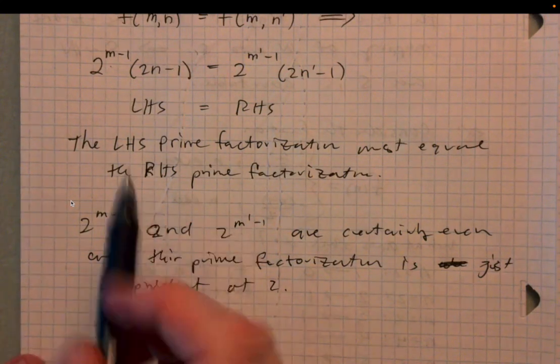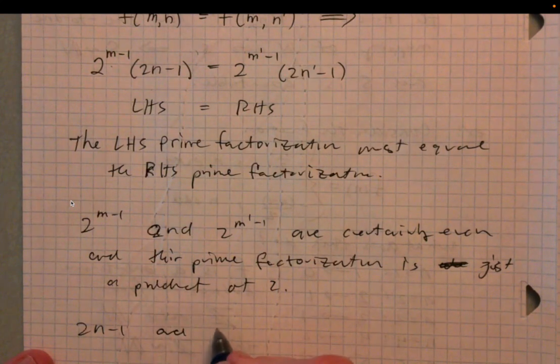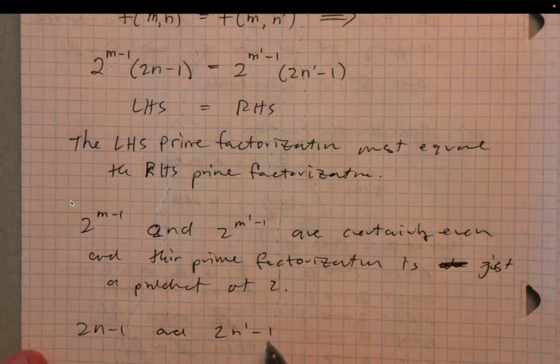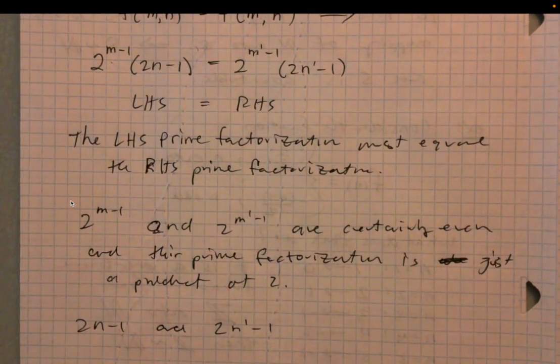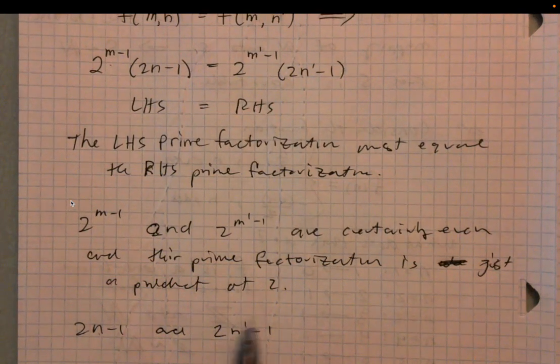Now at the same time, you've got the other piece. So you've got 2n minus 1 and 2n prime minus 1. Right, now these are certainly odd numbers. You've got 2 times some natural number minus 1. That's always an odd number, and same here.